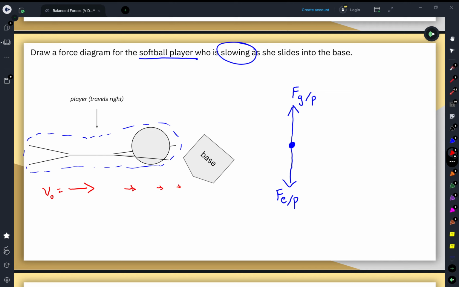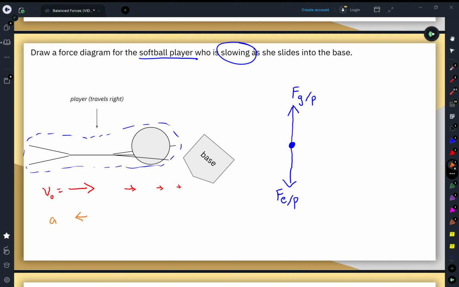That means she's going to have some acceleration pointing to the left to slow her down at each of these increasing times. That means there needs to be some unbalanced force with that force pointing to the left.